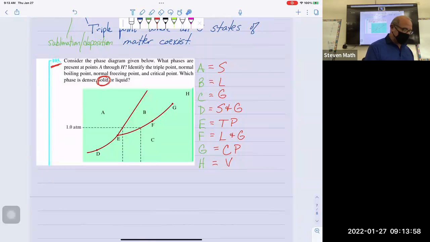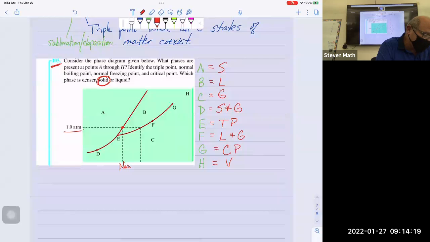So the dotted lines, that's a great question. It did the dotted line for us at 1 atmosphere because it asked normal boiling point, normal freezing point. So if I take 1 atmosphere over to my line between solid and liquid and take it down, right there is the normal freezing point.